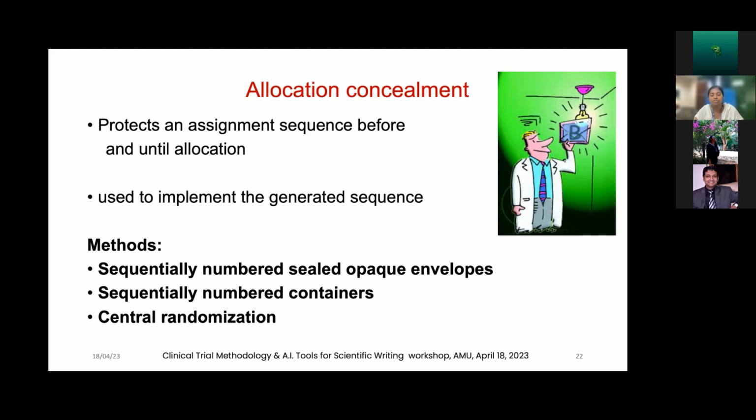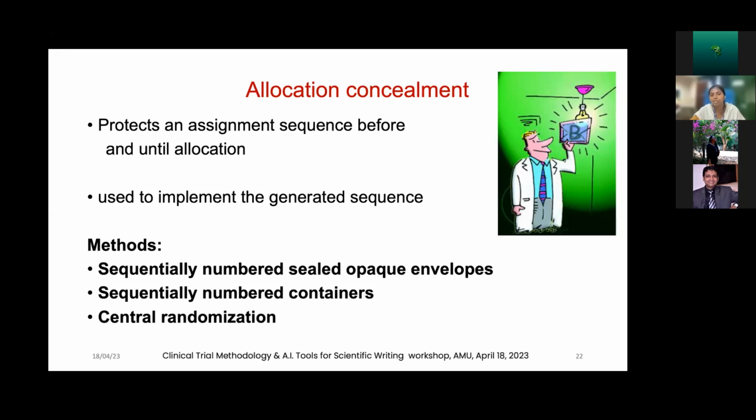So how will you achieve it? Because if prior knowledge of what the patient is going to get creeps in, selection bias will creep in. The investigator or clinical trial team can manipulate the allocation sequence according to their whims and fancies. They might prefer giving the new drug to a known patient.